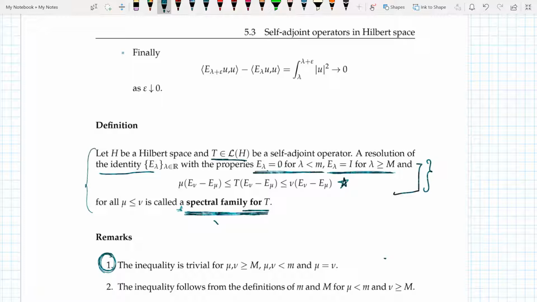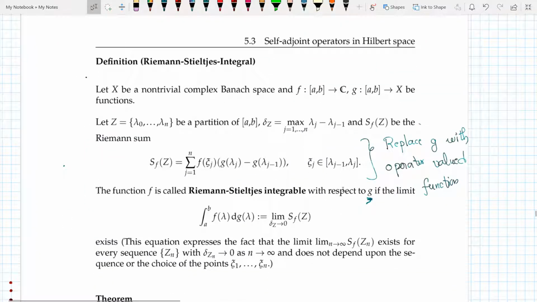When we defined the resolution of the identity, it was just some operator defined on a Hilbert space H with those four properties. Now we make an addition: we say let H be a Hilbert space, let T be a self-adjoint operator, and a resolution of the identity with these properties is called a spectral family for T. That's the idea here.